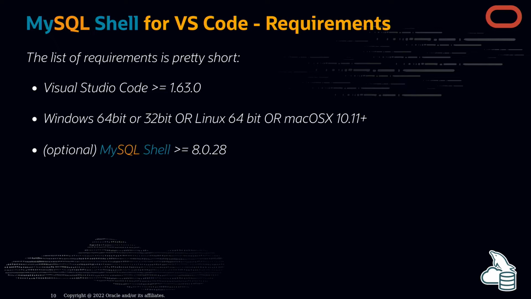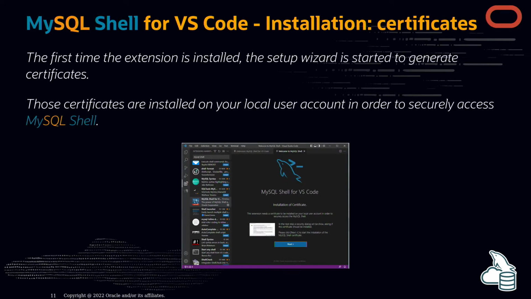And optional, because you can also use an external shell, you can use MySQL Shell 8.0.28, but it is optional because when you install the extension, you will also get MySQL Shell.